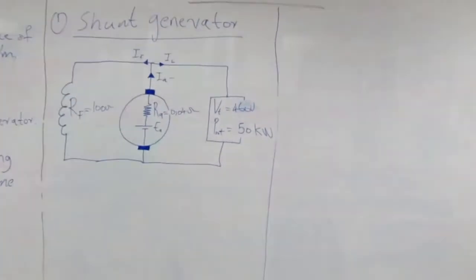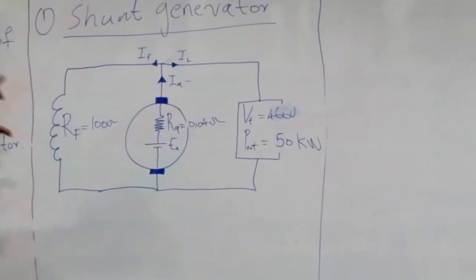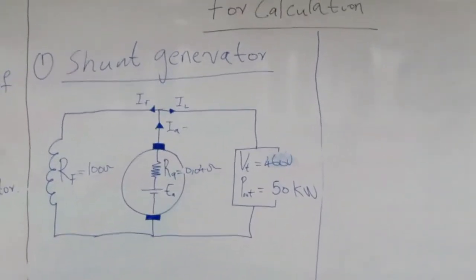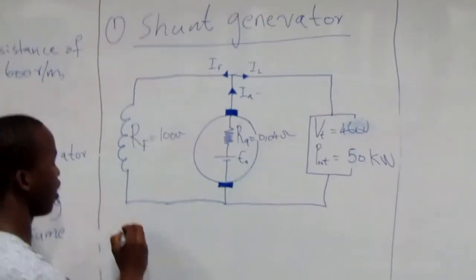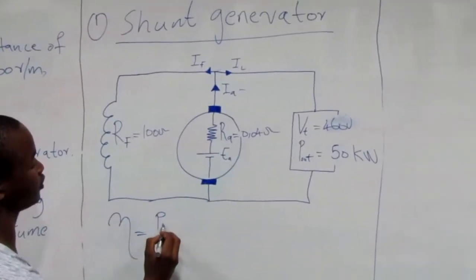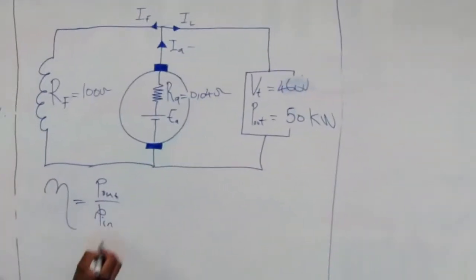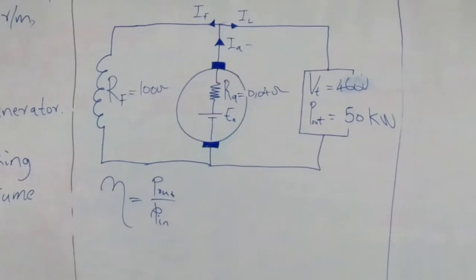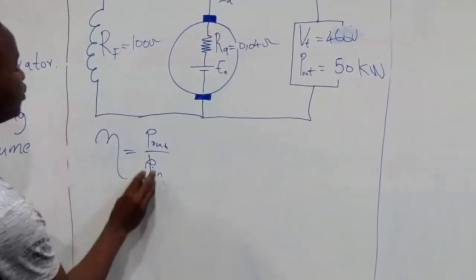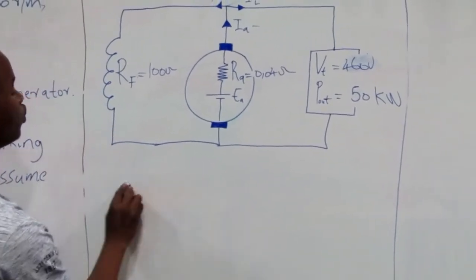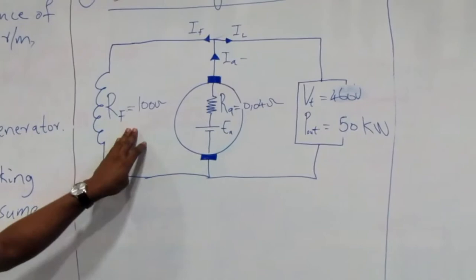How are we going to determine the efficiency of this shunt machine? Remember, efficiency is power out over power input. We do have power out, we need power input. How do we get power input? Here we are given RF.